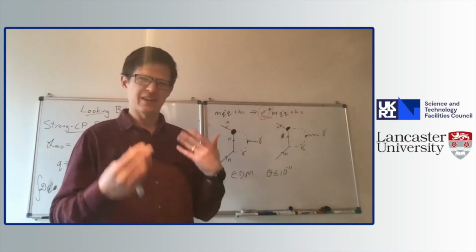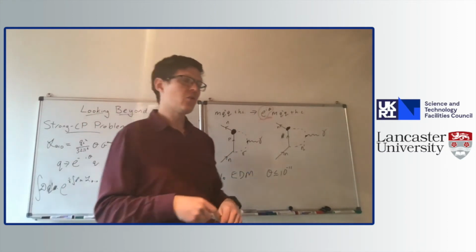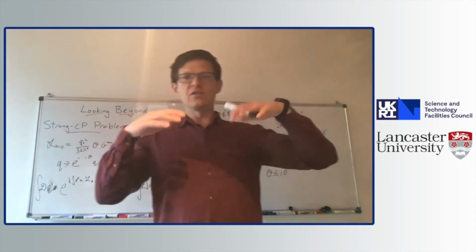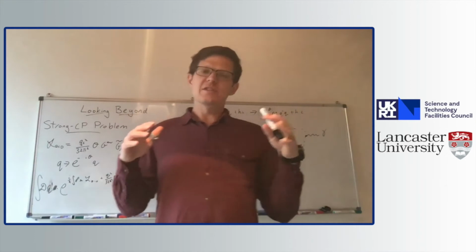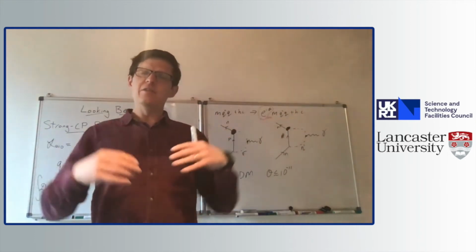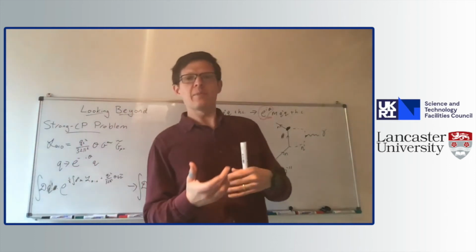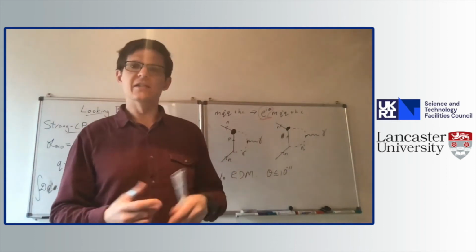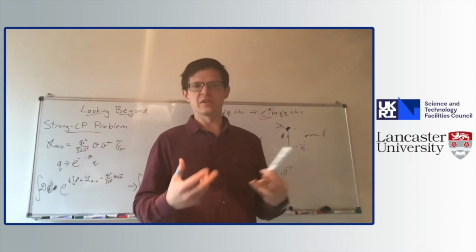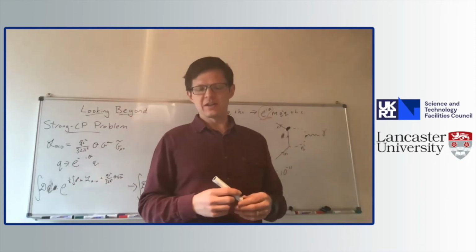We don't have to cancel anything off. And so one can concoct models in the UV, so at short distances, which take over from the standard model at higher energies, in which this happens by a happy accident in some sense, or because certain particles don't interact with each other, and there are various mechanisms to do that.